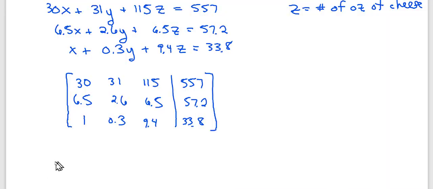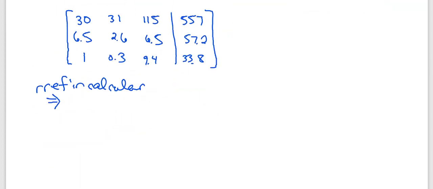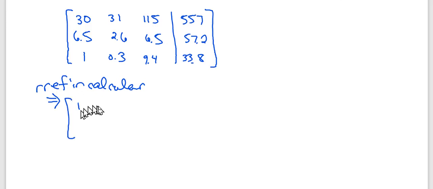Let's go back to our notes and write that down. When we do that Reduced Row Echelon Form in the calculator, we get, oops, it's not going to be enough space. One, 0, 0, 5, 0, 1, 0, I think it was 2, right?